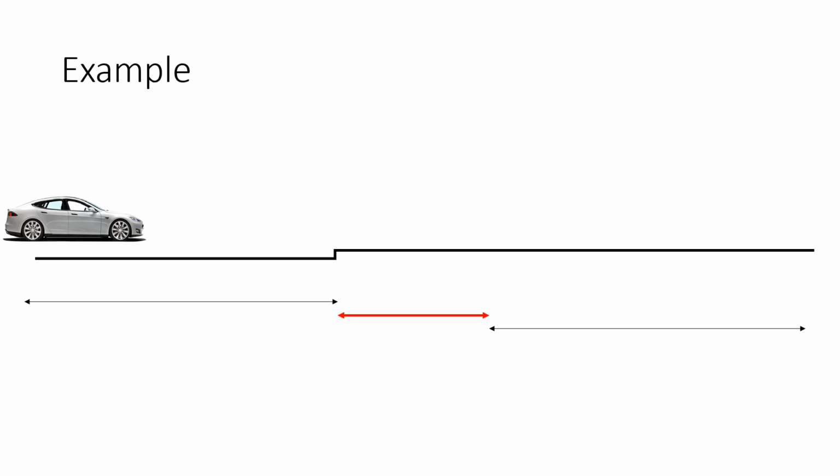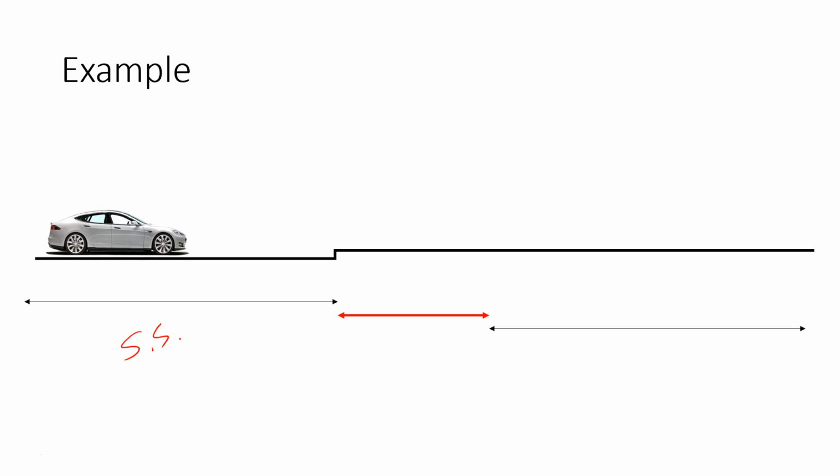So if we look at an example, suppose you're here driving in your brand new Model S Tesla, and you're on the road here, and there is a bump in the road. So all the time you're cruising here, you're in steady state. So your car is level, it's not bouncing around.